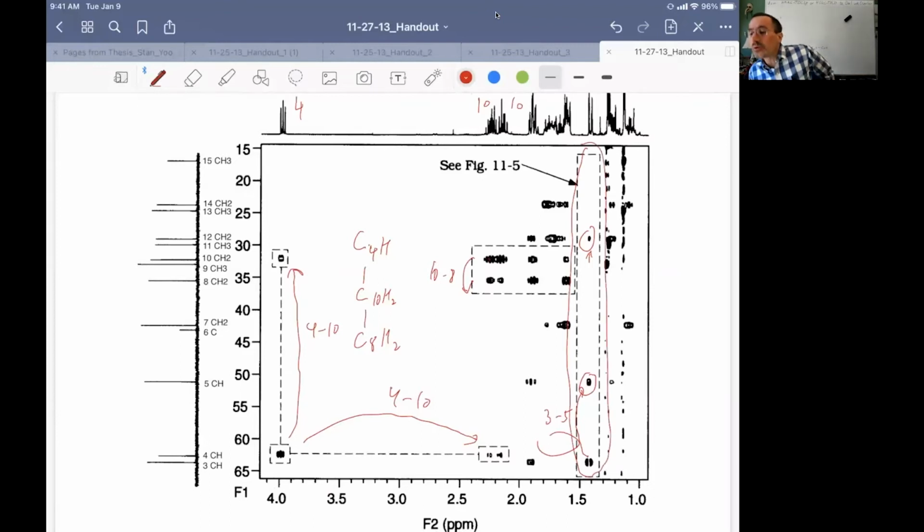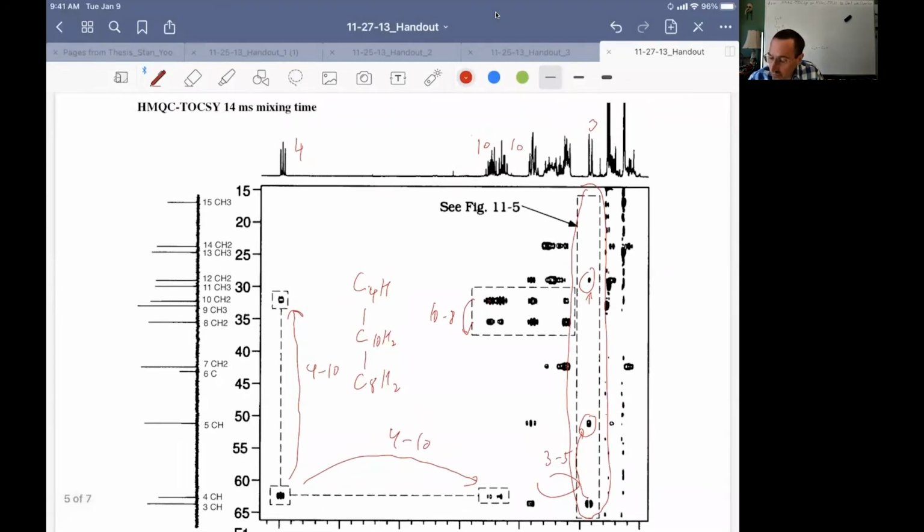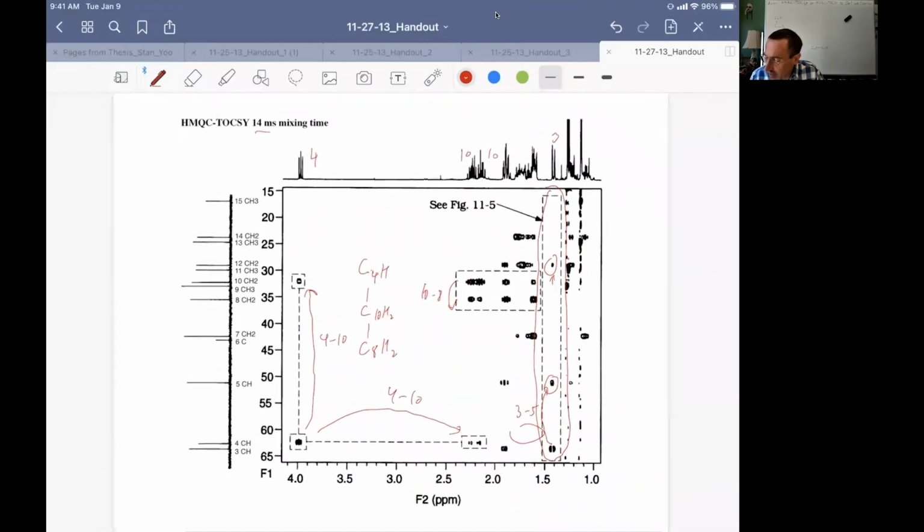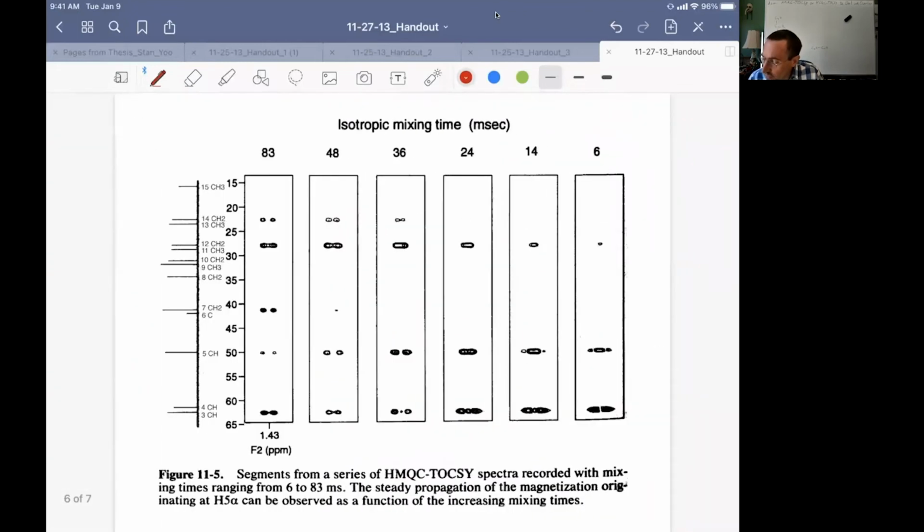We would give you, and indeed in the homework, in problems 4 and 5, we give you a series of mixing times where you get the whole spectra. But they just looked over here. This spectrum here was collected with a 14 millisecond mixing time. So they run a 6 millisecond, 14 millisecond, 24, 36, and 83 millisecond mixing time.